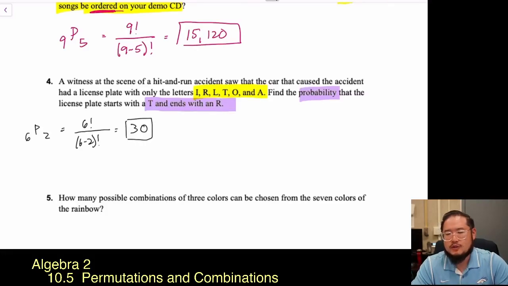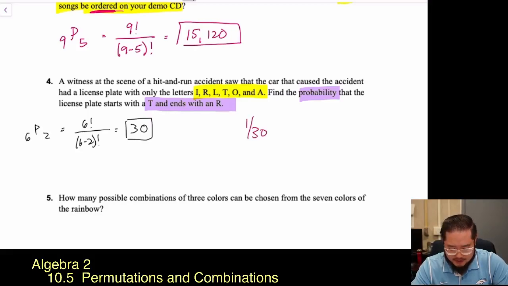Well, there's only going to be one correct one, right? So if there are 30 different ones, but only one correct set of plate letters, then we have to treat this as a ratio, and that ratio would end up being 1 out of 30.